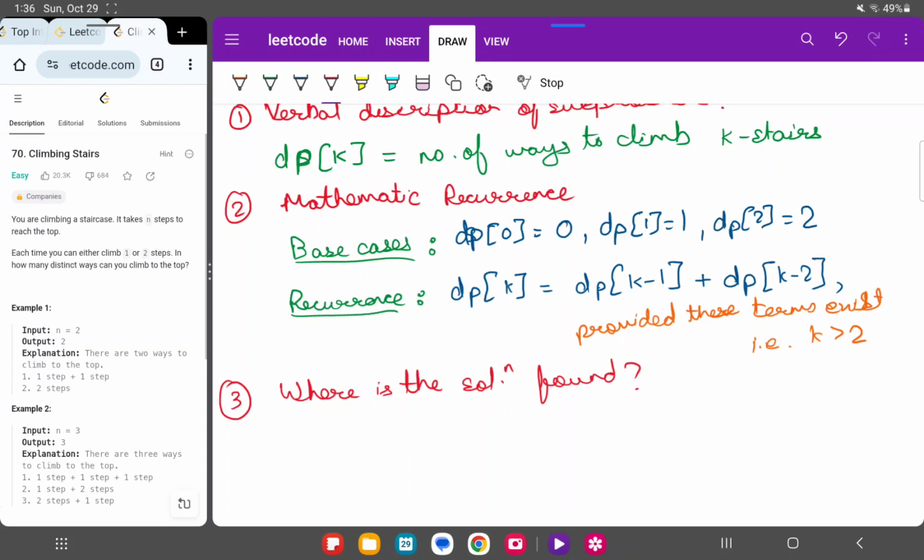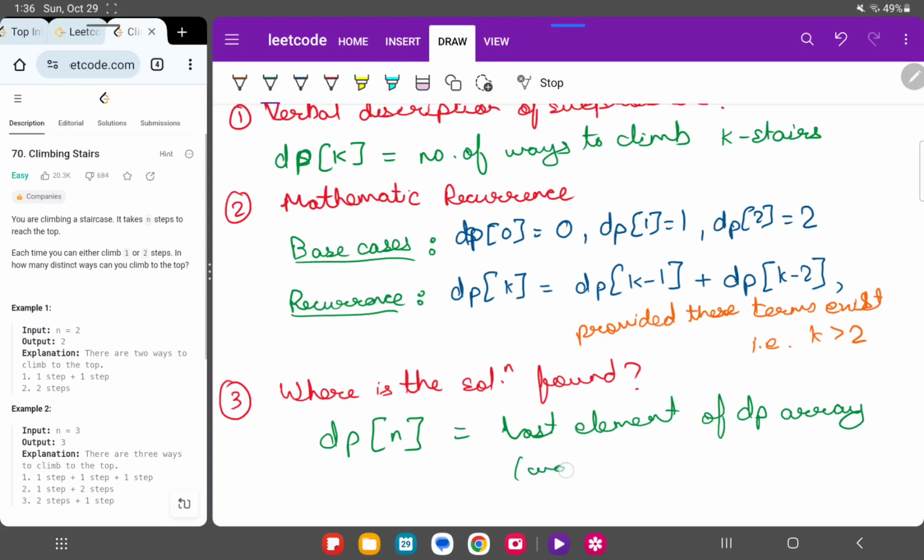Since we're computing it for every value, the answer for our problem would be present at the last index, dp n, n being the number of stairs for which we had to calculate the value. This is the last element of the dp array, which essentially represents ways to climb n stairs, which is what the question was asking.